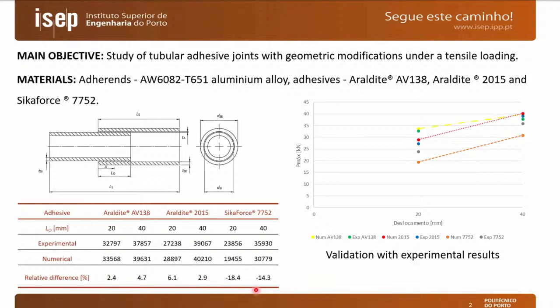For the Sikaforce adhesive, we had some poorer predictions by the numerical models, but this is related to the very large ductility of this adhesive, which is not very accurately accounted for in the numerical model and the cohesive law that we selected for this work. But nonetheless, we can have a rough prediction with a maximum error of less than 20%.